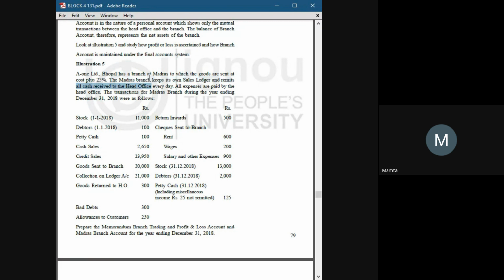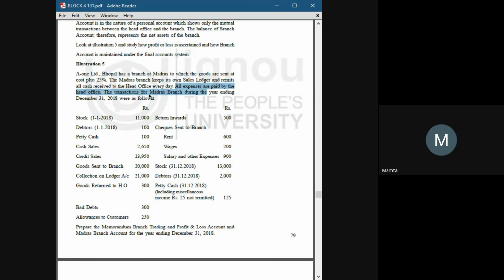Means they only prepare the sales ledger and remit all the cash received to the head office every day, means deposit all the amount they receive for selling the goods. All expenses are paid by the head office.